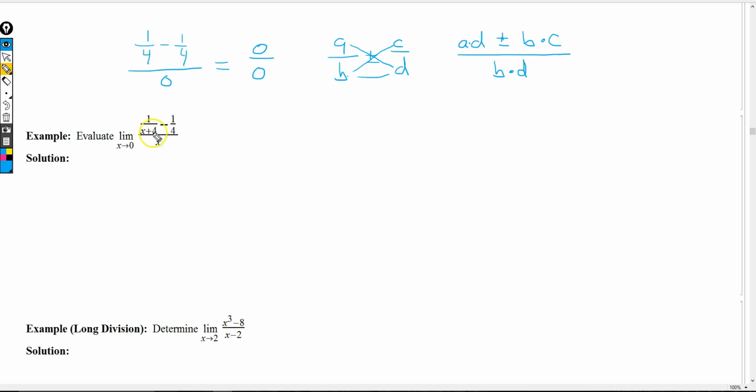So let's try that with this, and then we'll see if we can get that x to cancel somehow. So when we do that, this is going to be the limit. Now cross-multiplying 4 times 1 minus x plus 4 times 1.